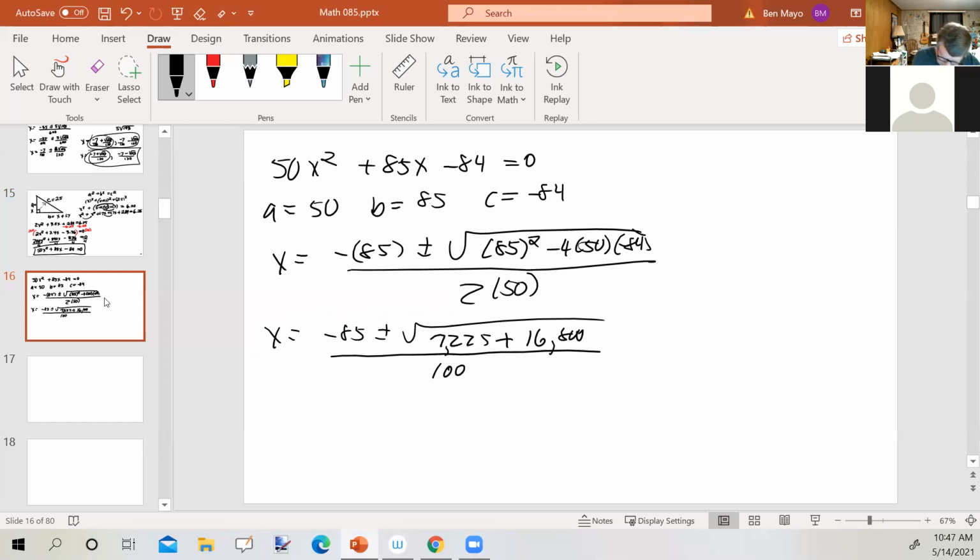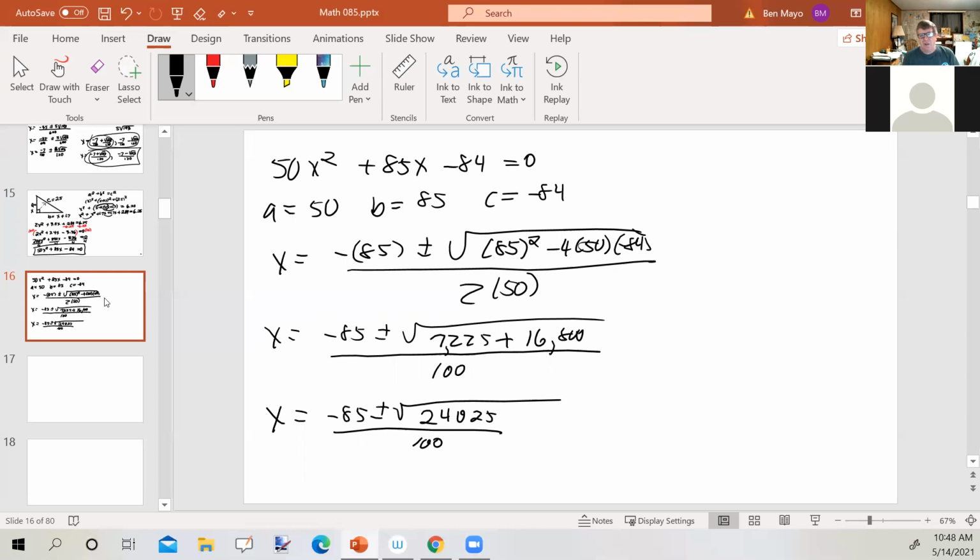Okay. Continuing on, x equals negative 85 plus or minus the square root of, if we take 16,800 plus 7225, we get 24,025 all over 100.